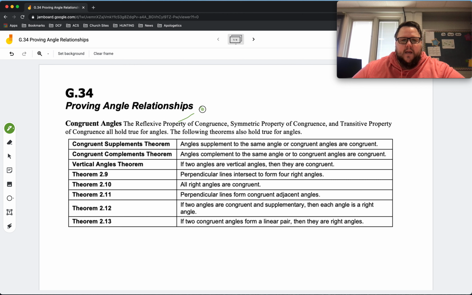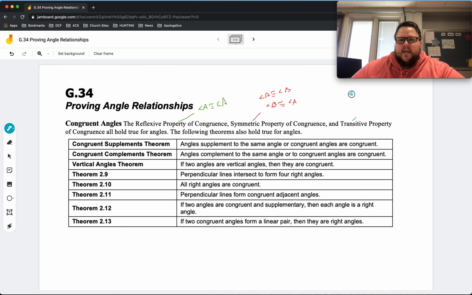The reflexive would be angle A is congruent to angle A. The symmetric property would be angle A is congruent to angle B, and we can also say angle B is congruent to angle A. So symmetric means both ways, it's the same. And then we'll do the transitive property.